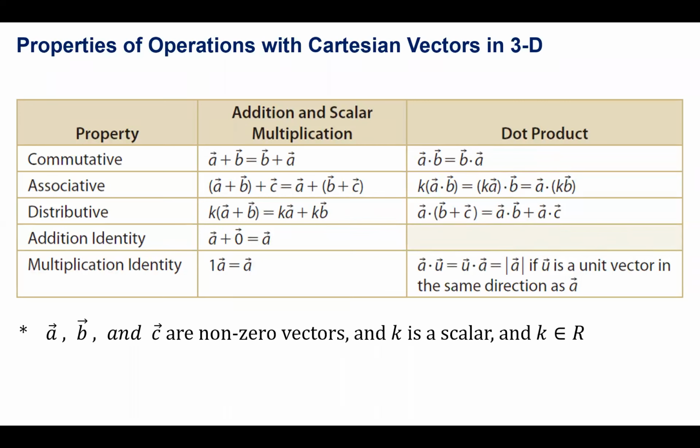So first, we have the commutative property, which means vector A plus vector B equals vector B plus vector A. For the dot product, we have the dot product of A with B equals the dot product of B with A. You can change the order of A, B, right?